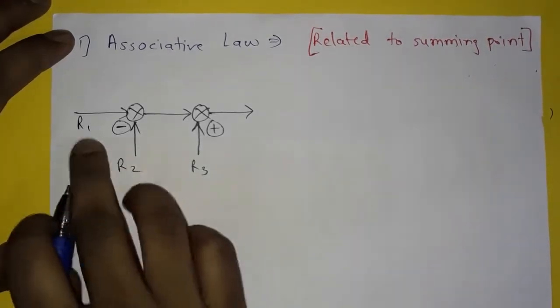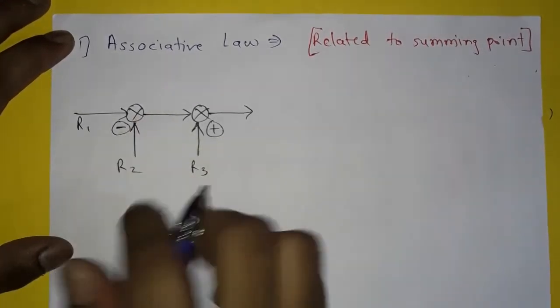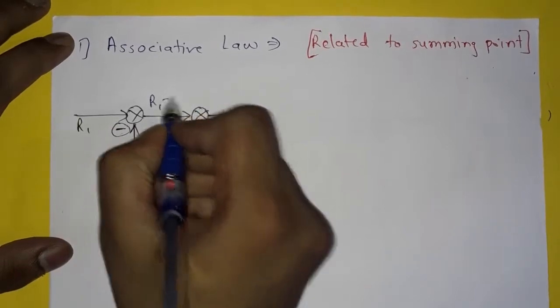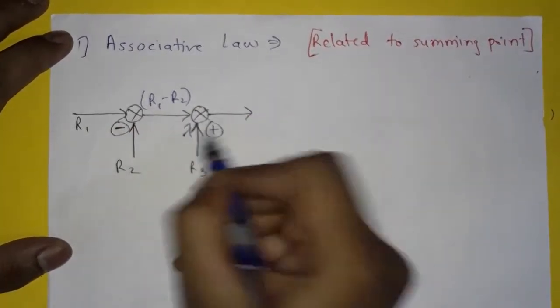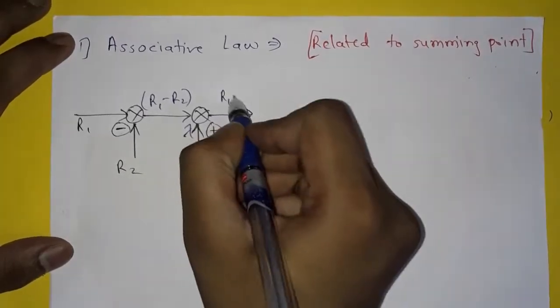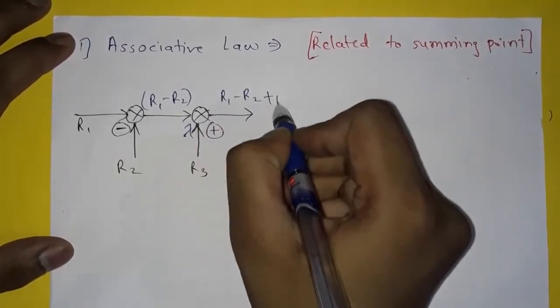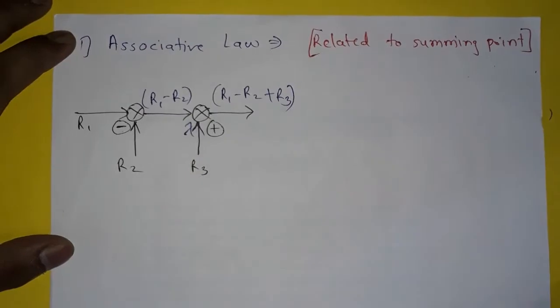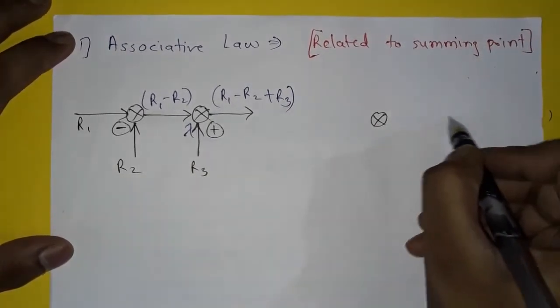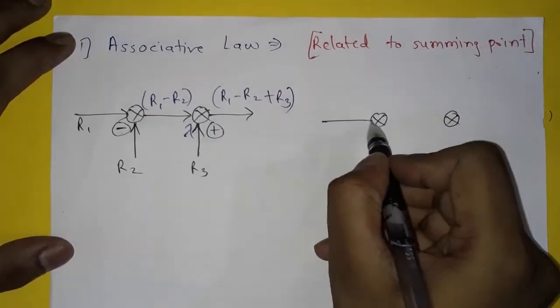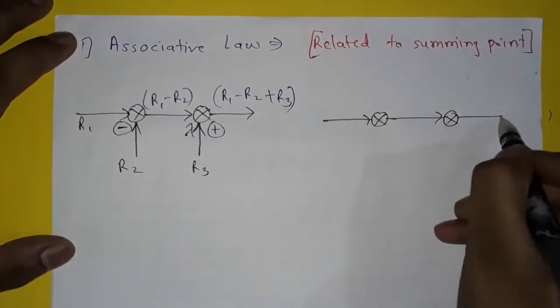Then here this summing point gives us R1 minus R2 and this summing point gives us R1 minus R2 plus R3. And here now this is one summing point, this is second, this is arrow.